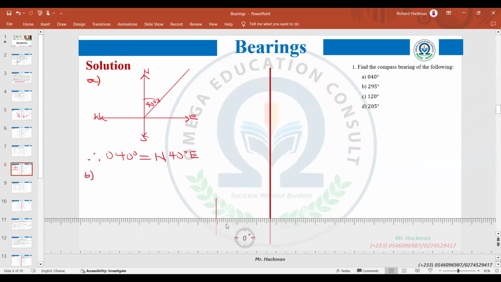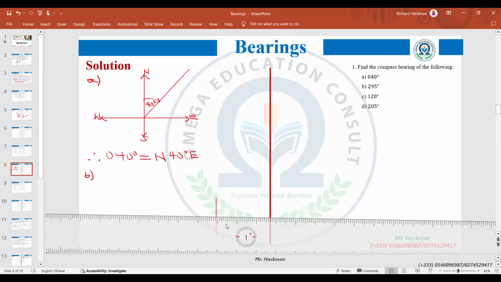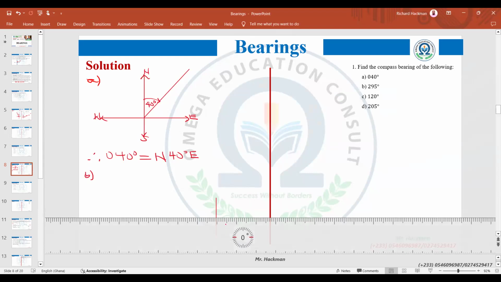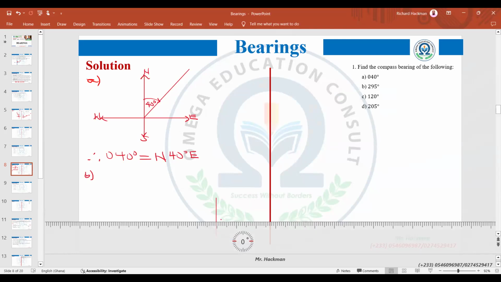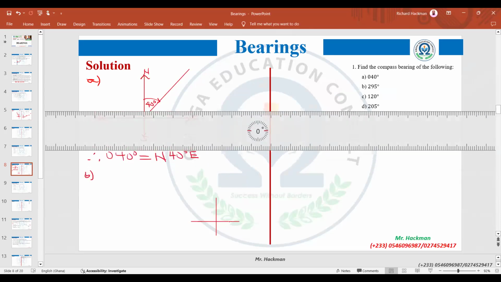After drawing, because I will be looking at the compass bearing, I won't forget to indicate my cardinal points. It is very important. So let me calm down a little. This is what I have. I need the side more because that's where my angle will be. So at this point, we are good to go.